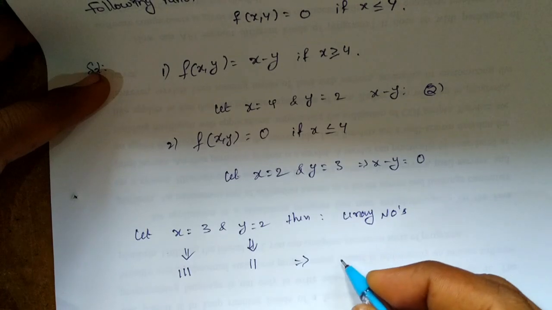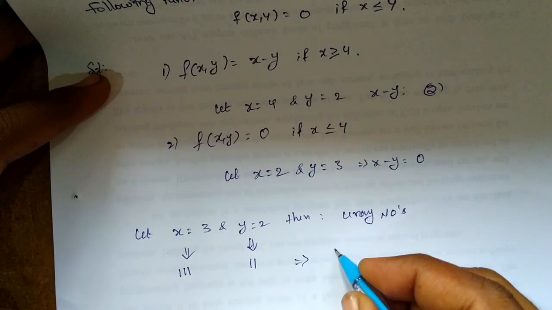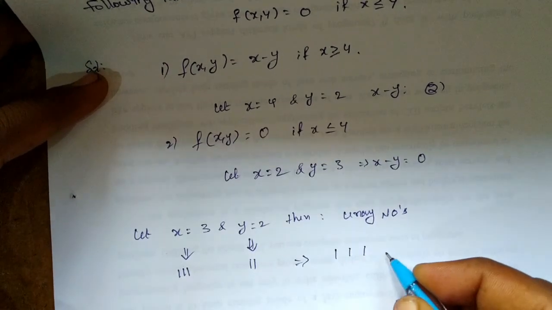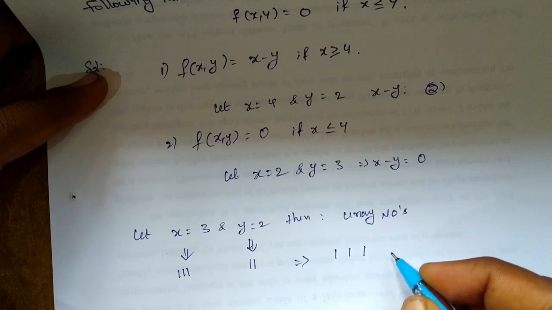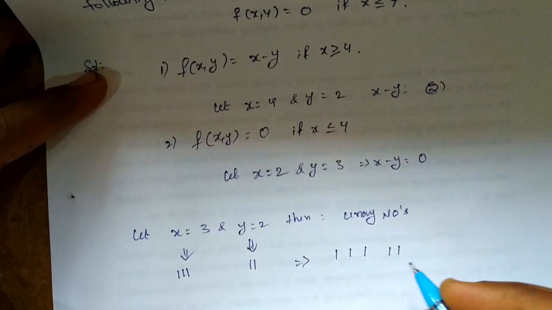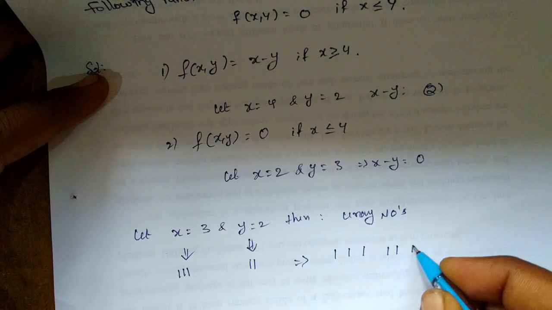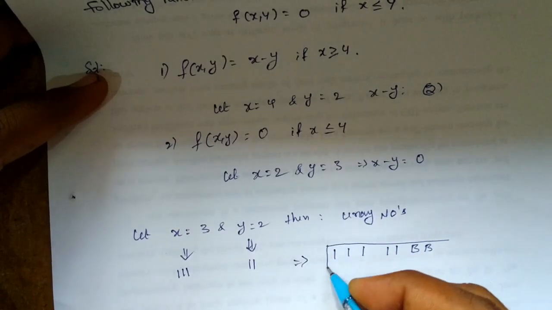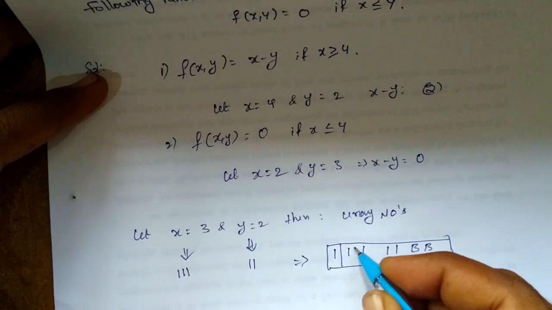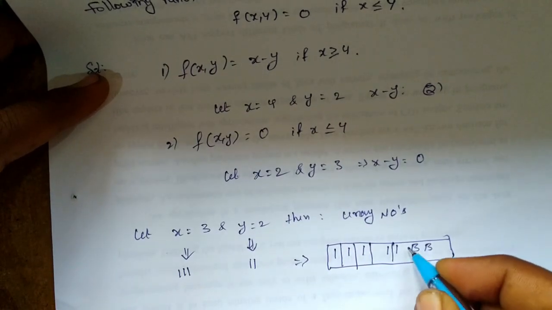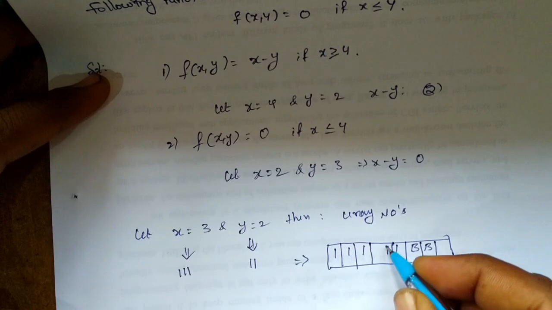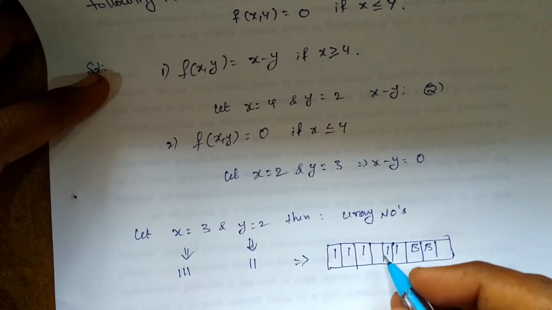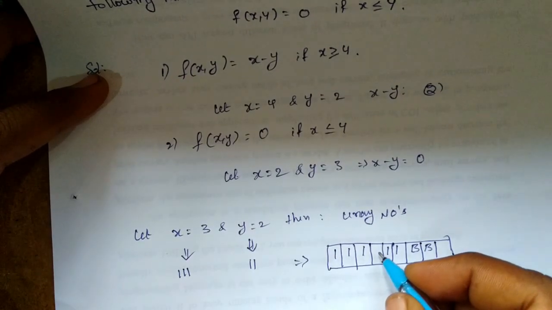So the input tape representation is 3 ones, a separator symbol, and y is 2 ones, ending with either a blank or del. This is the representation of our considered input on the Turing machine input tape.